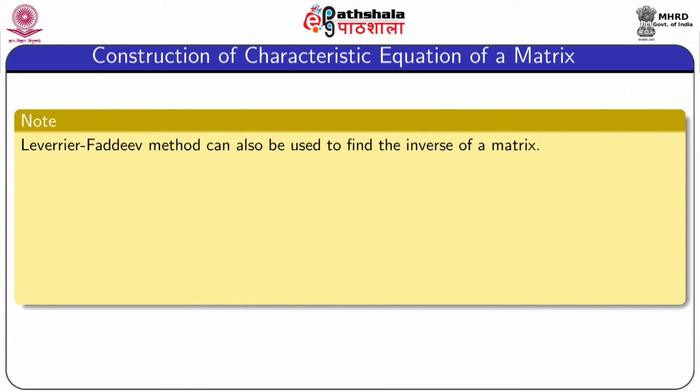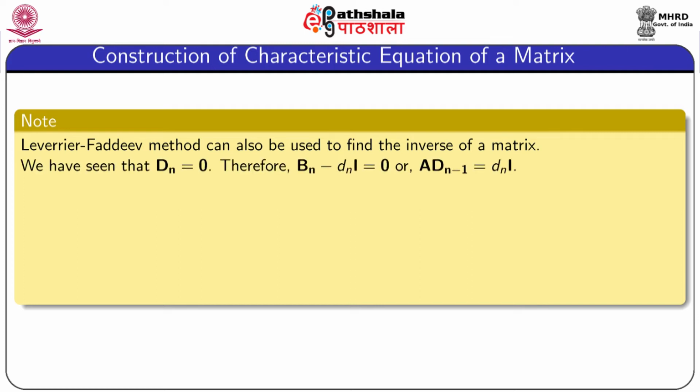It may be noted that the Leverrier-Faddeev method can also be used to find the inverse of a matrix. We have mentioned that Dn equals 0. Therefore, Bn minus dn into I equals 0, because capital Dn is nothing but Bn minus dn into I, or A D(n-1) equals dn into I, because Bn is equal to A into D(n-1).